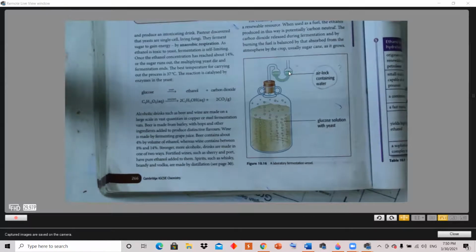Is that it? And no other bacteria or microorganisms enter the solution. Very good, Sundar. Yes, you are also correct. Who is this speaking? Ajwa. Yes, Ajwa, you are absolutely correct.